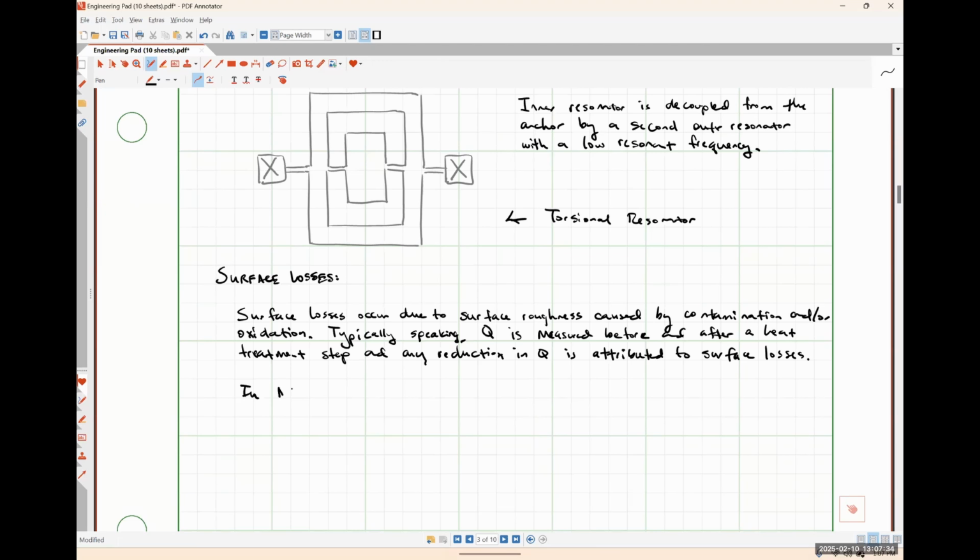In MEMS, surface losses are typically negligible. That looks too much like an R for my taste.